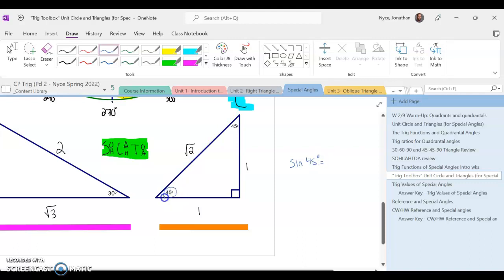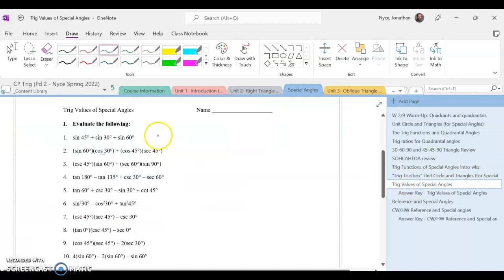Pick one of the 45s. The opposite side would be 1 over the hypotenuse, which is the square root of 2. And when I rationalize that, I find the sine of 45 degrees is going to be root 2 over 2.